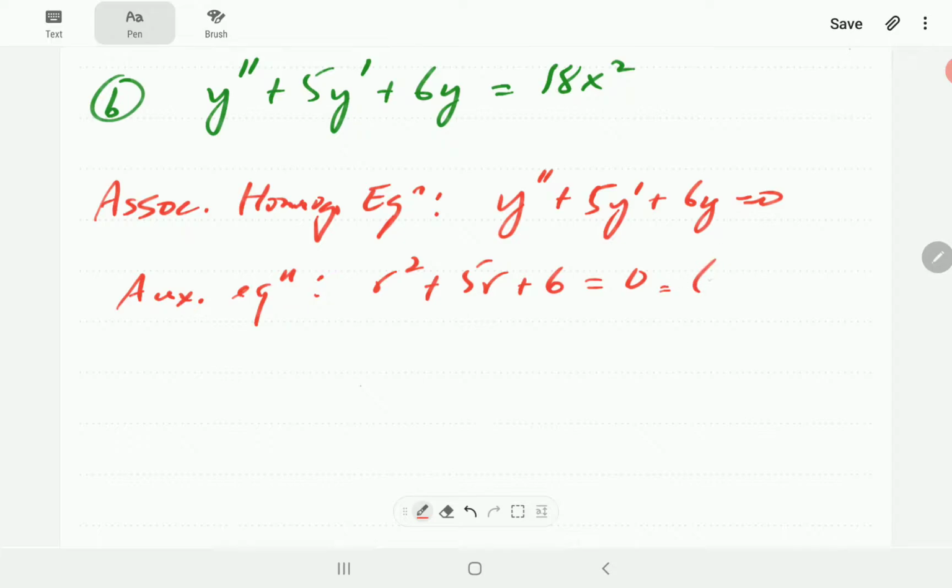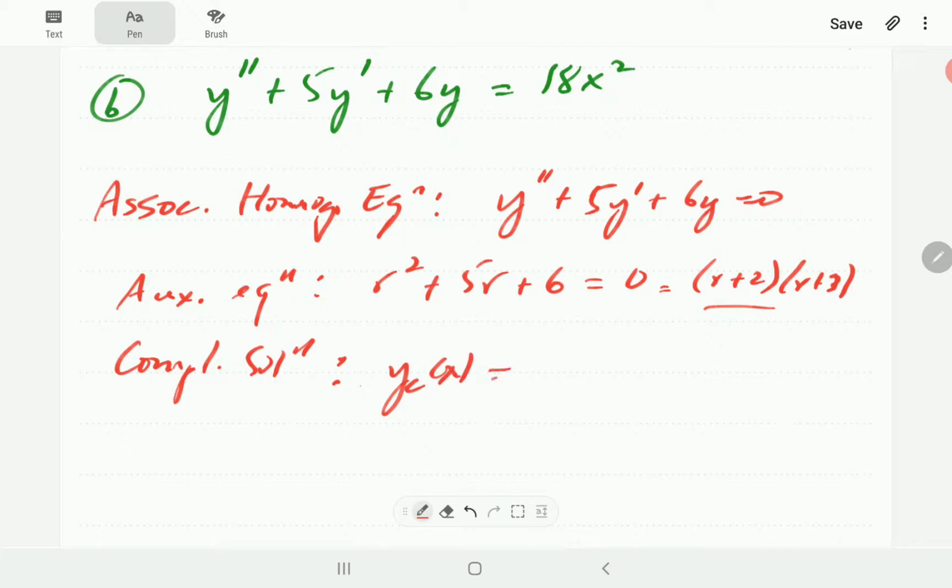This can be factorized into r plus 2 times r plus 3. The solutions of this will be -2 and -3. So the complementary solution is k1e to the minus 2x plus k2e to the minus 3x.